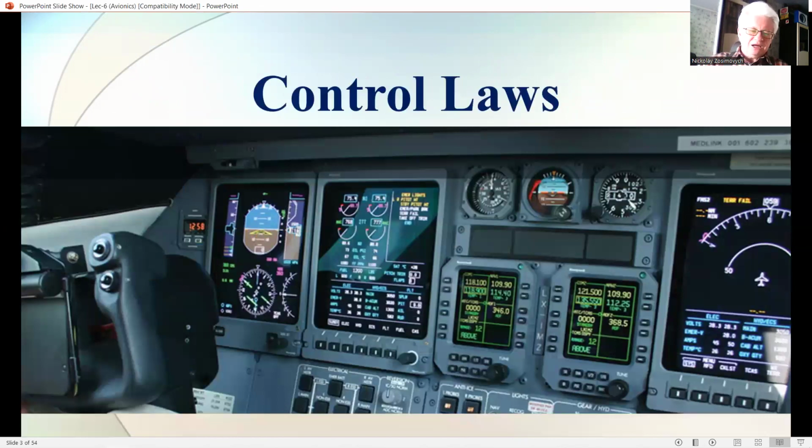The term control laws is used to define the algorithms relating the control surface demand to the pilot stick command and the various motion sensor signals, and certainly the aircraft height, speed, and Mach number.